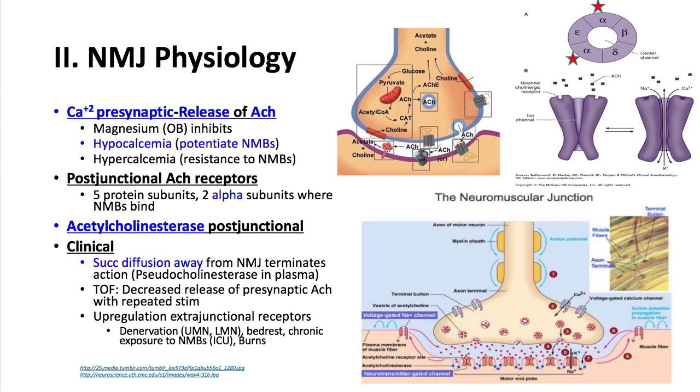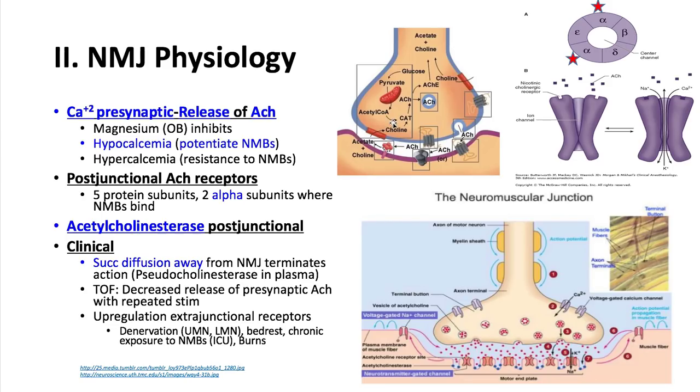Up at the top right shows a classic neuromuscular junction, and let's follow acetate and choline, which combine together to form acetylcholine. Choline is taken up presynaptically. After it is cleaved, acetylcholine is cleaved into acetate and choline.